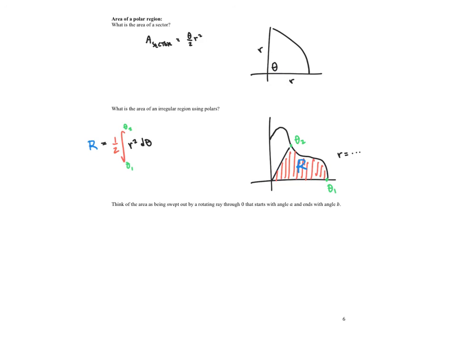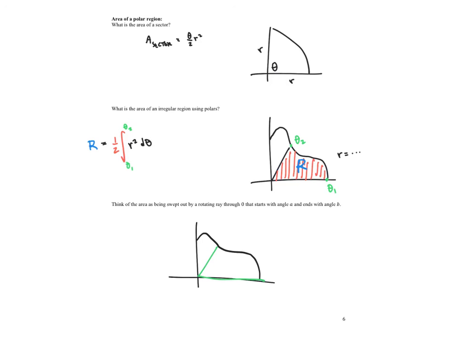Let's see if I have the ability to do this. Maybe I don't. No, I don't have the ability. I wish I had better technology, but you can imagine that you take this curve and we're just accumulating area from theta 1 out to theta 2.